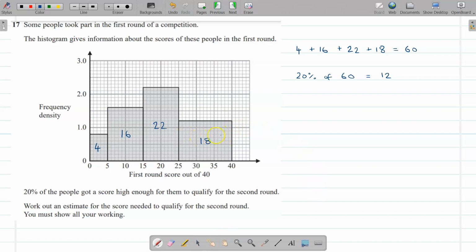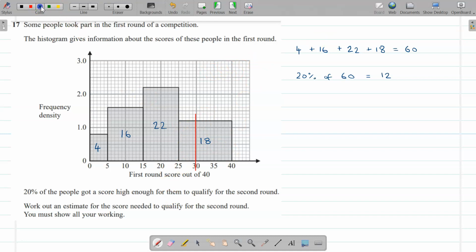Well, if there's 18 people in this last block, it's very easy to see that 12 is 2/3 of them. There's not really a lot more you can do here than just show this with a little bit of supporting working. So I'm just going to put a line in there, and I can see the answer is going to be 30.